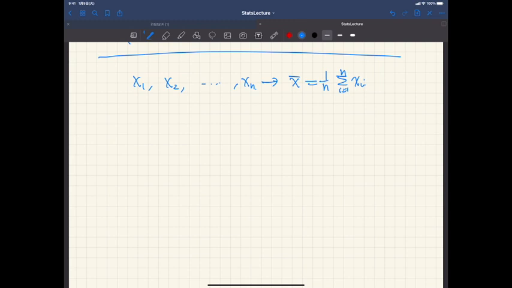And next year maybe we make another set of n observations. So let's say we have x1 prime, x2 prime, up to xn prime. Then we can calculate their sample mean.